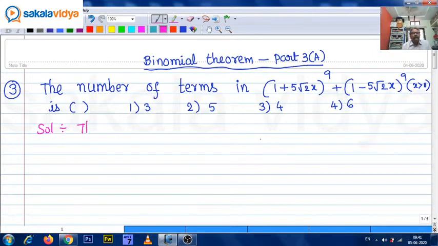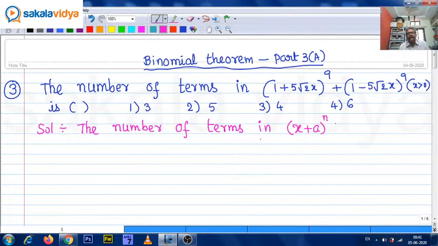The number of terms in (x plus a)^n plus (x minus a)^n is equal to (n plus 1) by 2, if n is an odd number.